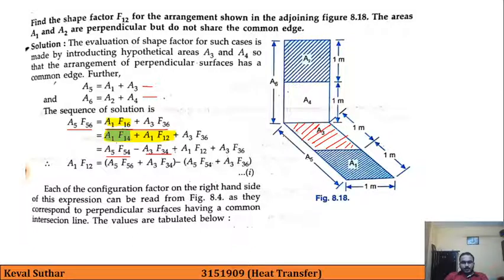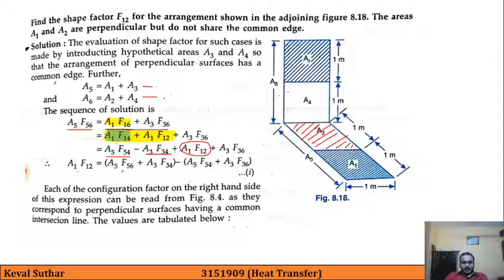So what we are doing is, to obtain A1 into F14, we first take the whole area A5 into F54 and deduct A3 into F34, and then our ultimate objective is to obtain this value.